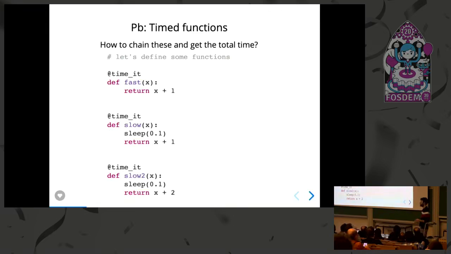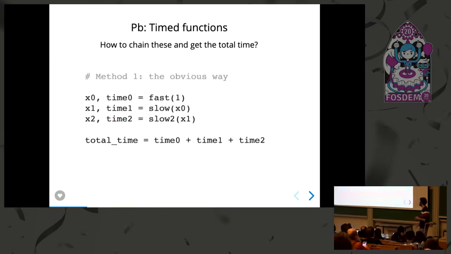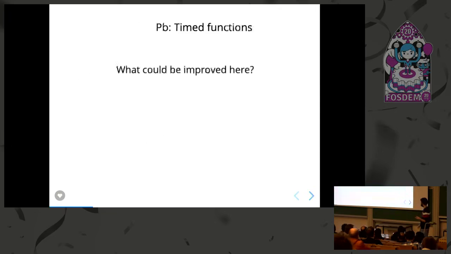One problem I have is how to chain those functions and get the total time of execution. One obvious way to do it would be just to call the functions sequentially like this and unpack the intermediary results and the times of execution, and just sum the times.